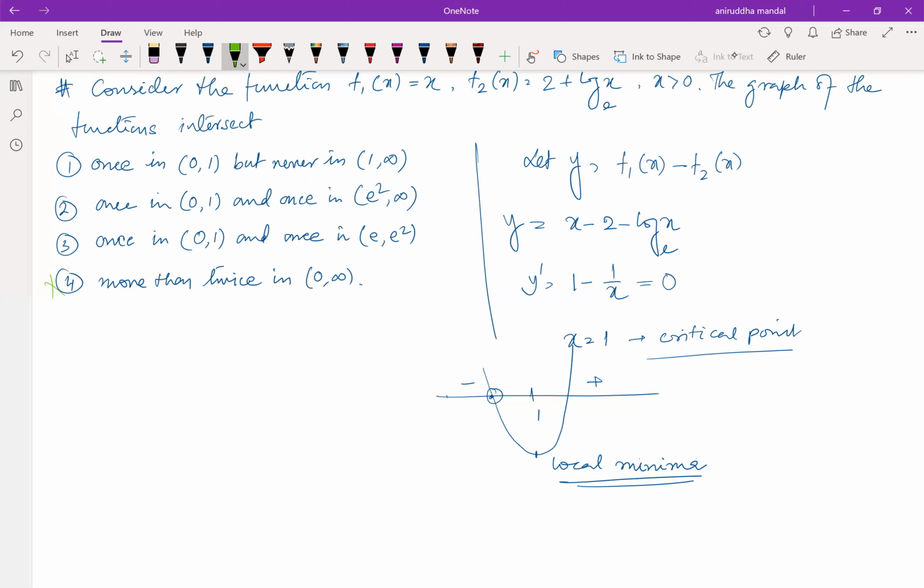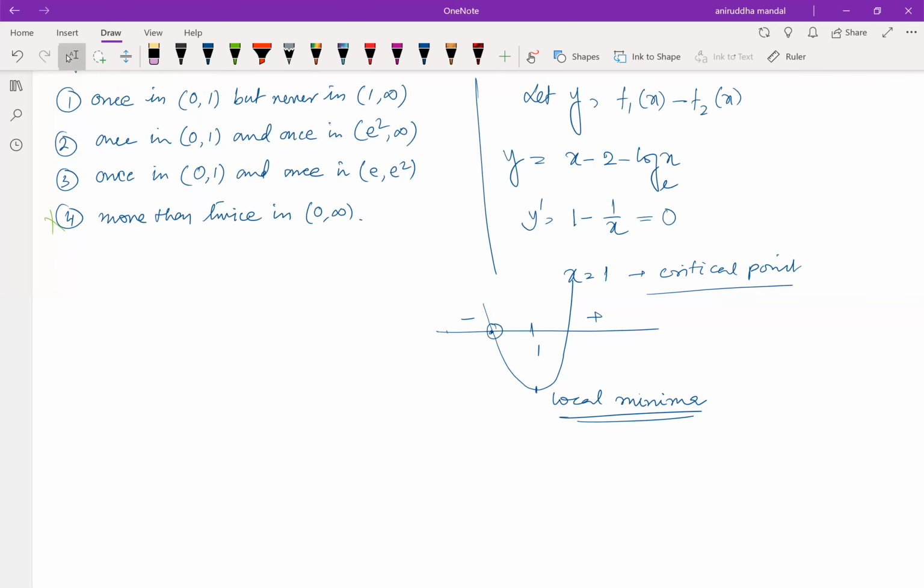Here two other points are given, one is e square and another is beyond e square. So we check y at point e. Here this is e and this is e square.